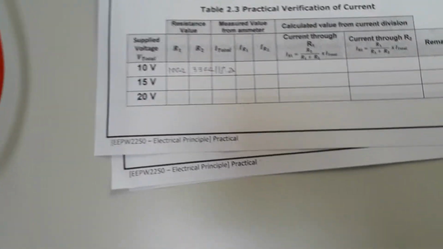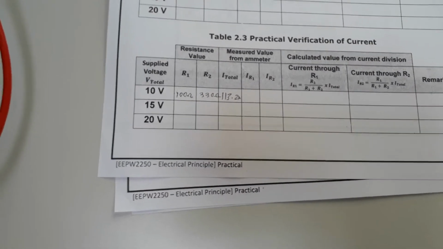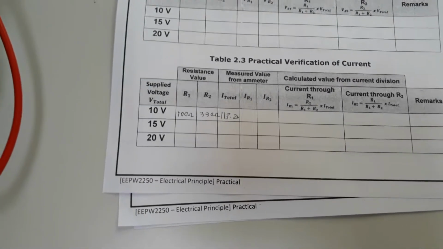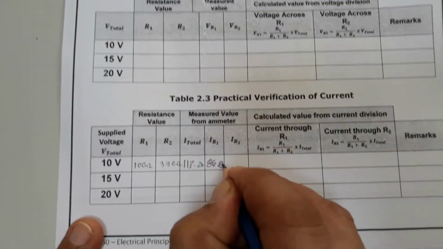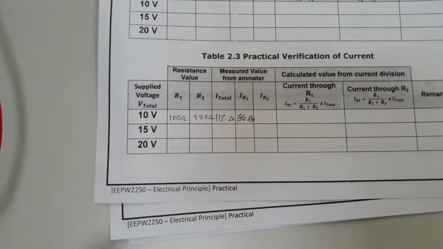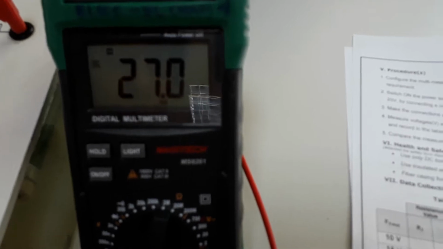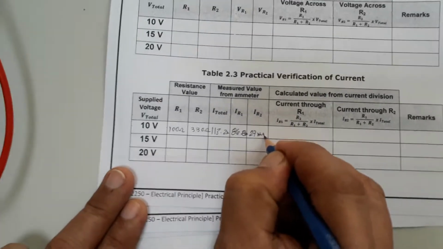And then the current I1 in ammeter 2, we have 86.8 milliampere. And for ammeter 3, we have 27 milliampere.